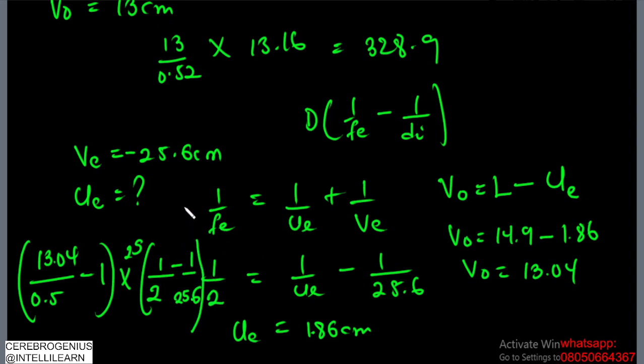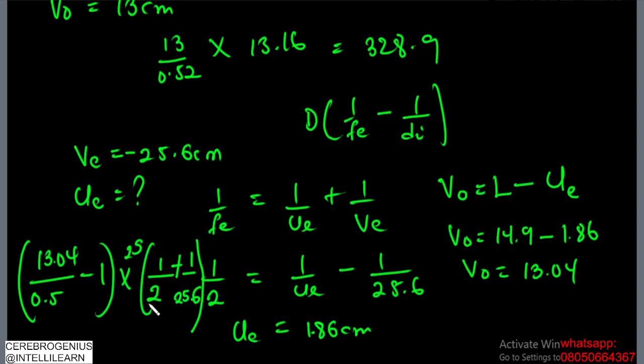But don't forget that this image is a virtual image, so the distance should be negative, and that will turn this to a plus sign instead of a minus. So if we do this, 13.04 divided by 0.5 minus 1, multiplied by 25, multiplied by 1 over 2 plus 1 over 25.6.